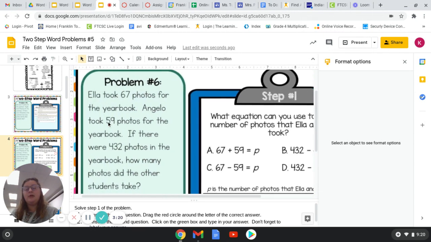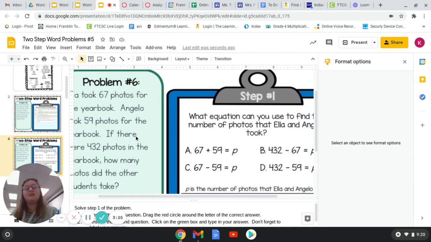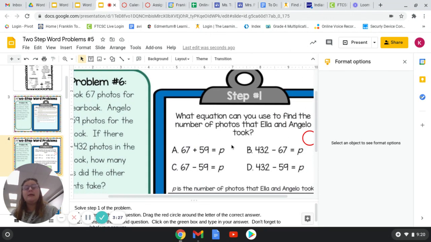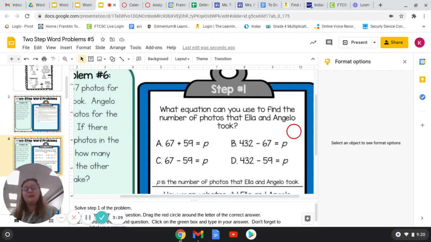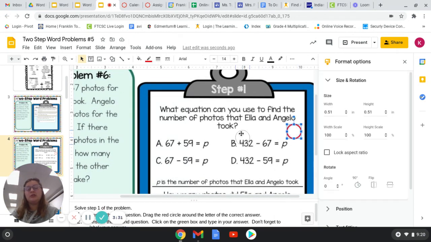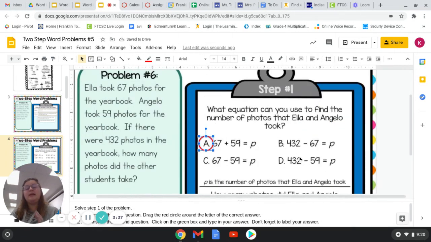Remember, Ella took 67 and Angelo took 59. So all together, we need to add those 2 numbers. So I'm going to drag that circle and put it around letter A.